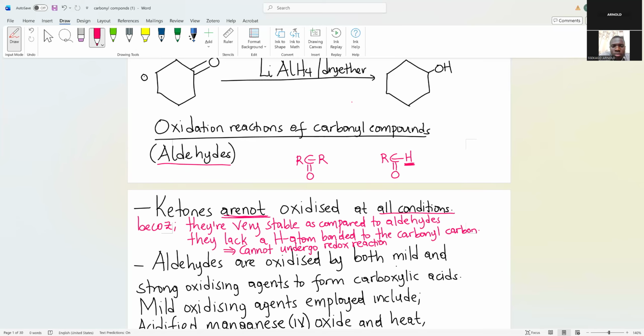For ketones, since they do not have this hydrogen, they cannot reduce those things which have oxidized them. I have termed the reaction oxidation, but it is redox. The aldehyde is oxidized, then the aldehyde itself reduces that thing which has oxidized it.